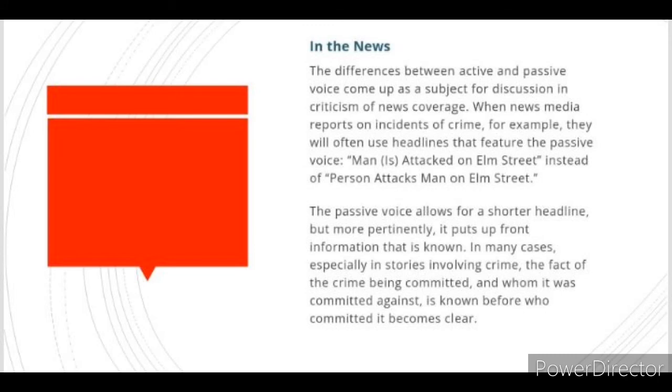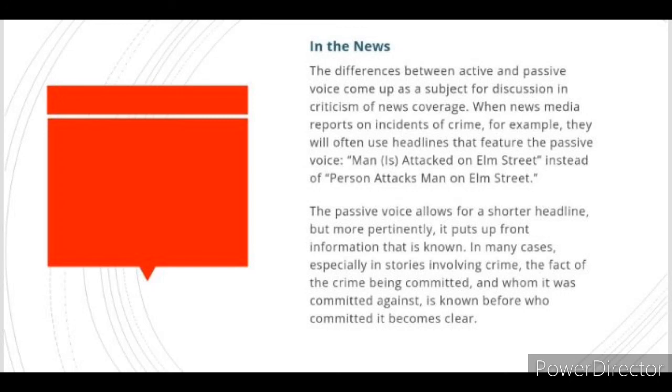In the news, the differences between active and passive voice come up as a subject for discussion in criticism of news coverage. When news media reports on incidents of crime, for example, they will often use headlines that feature the passive voice. Man is attacked on Elm Street instead of person attacks man on Elm Street.